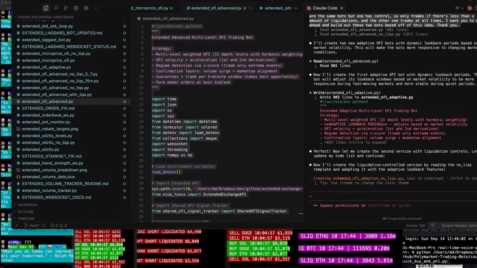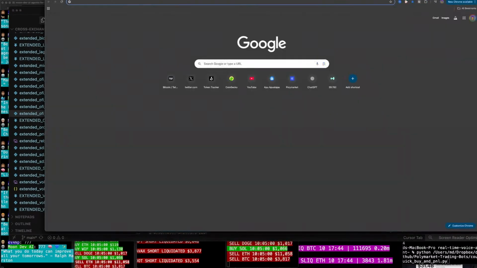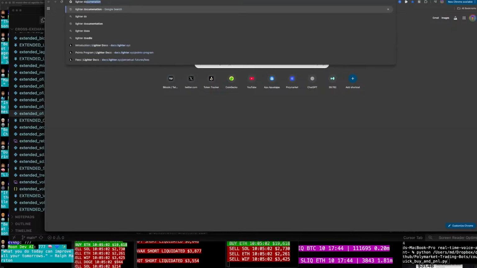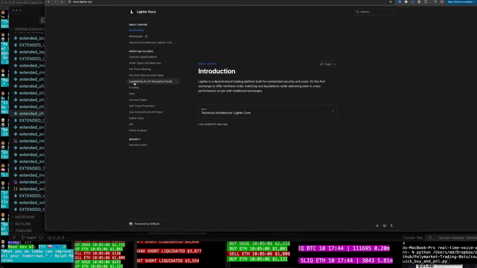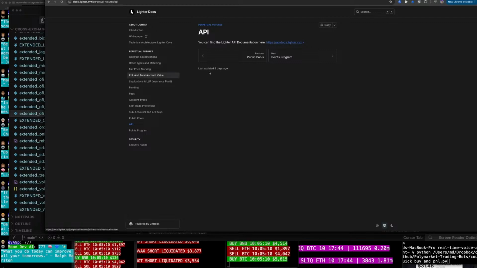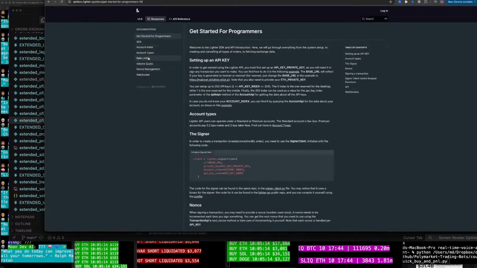I mean, how many requests can you have on lighter documentation? Lighter documentation here. Fees API. API docs.lighter.xyz. Rate limits.